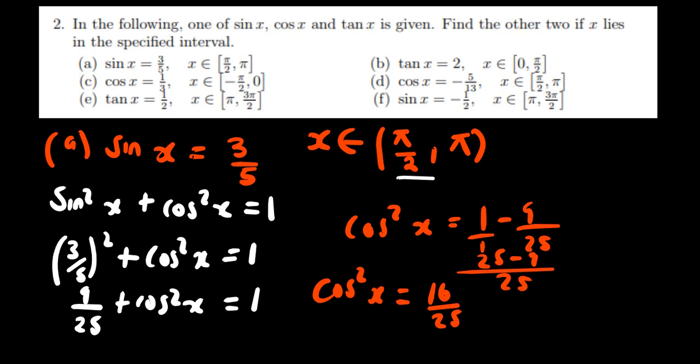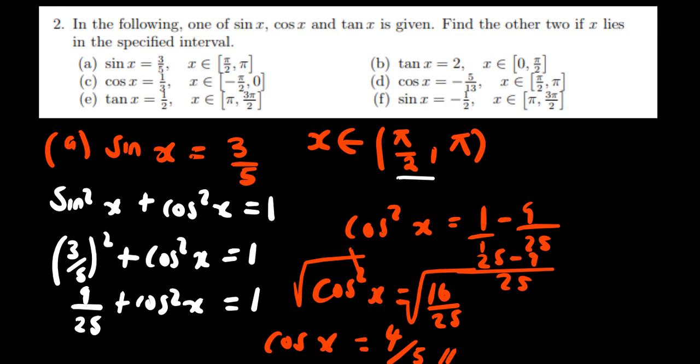Now what are we going to have when we do this? We can take the square root on both sides so that we just remain with cos x. Because the square and the root cancel, cos x will be equal to the square root of 16, which is 4, over the square root of 25, which is 5, and that is our answer.